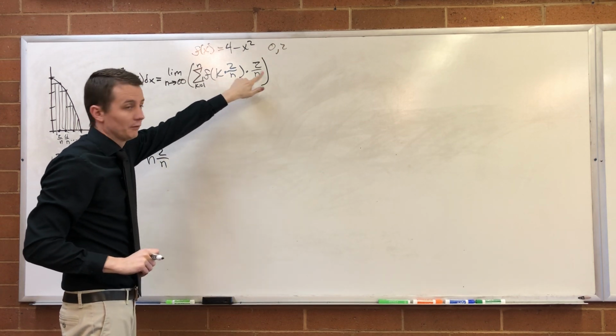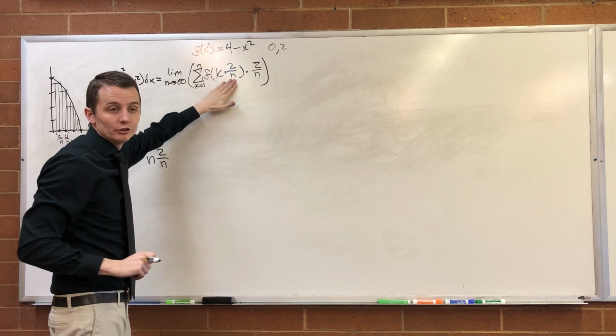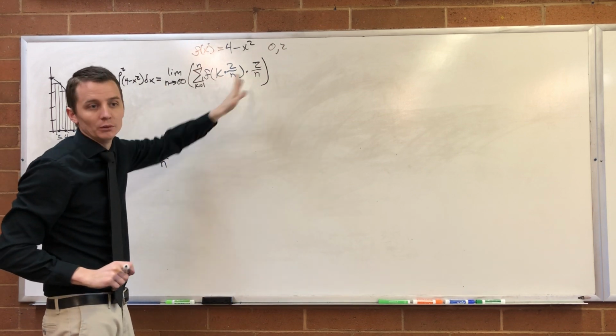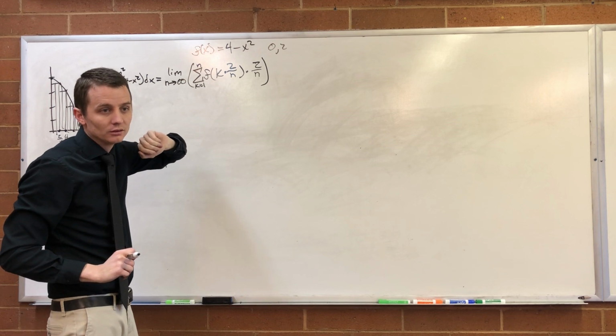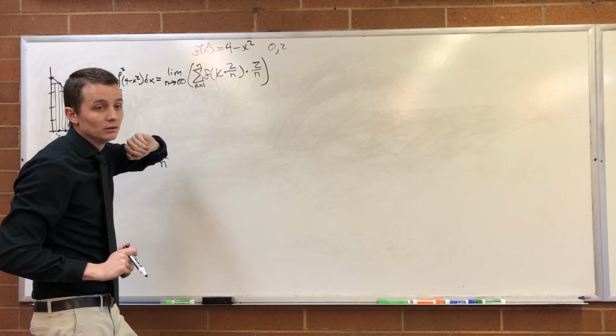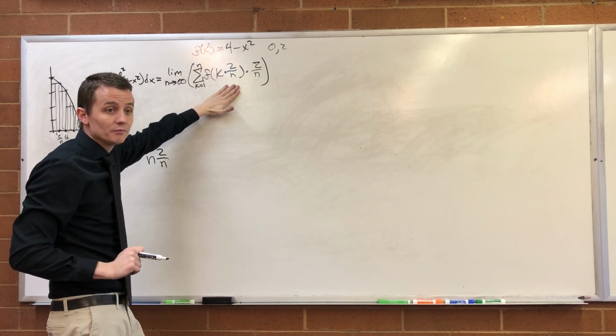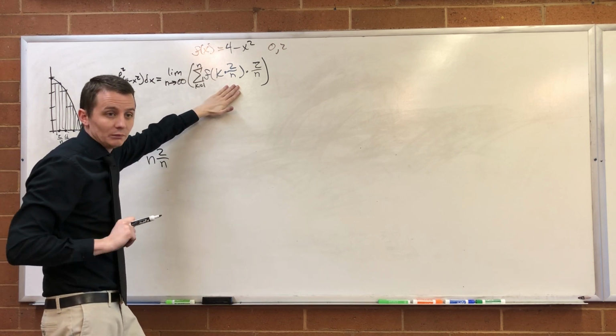We happen to be always using the right-hand point. I could have just as easily used the left-hand point. That would change what this looks like, but when we take the limit, we get the same thing. So the math inside is going to come out different, but when you take the limit, you'll get the same thing.